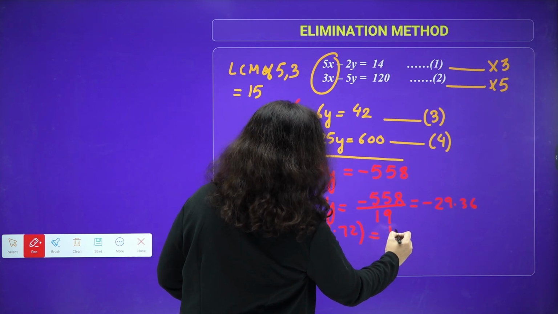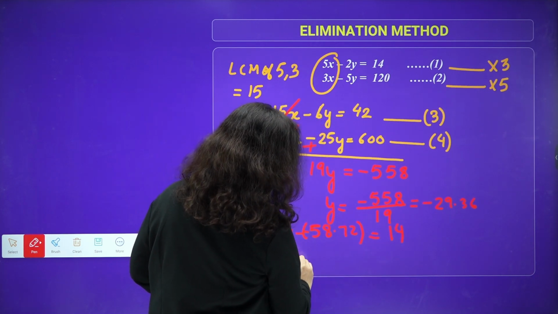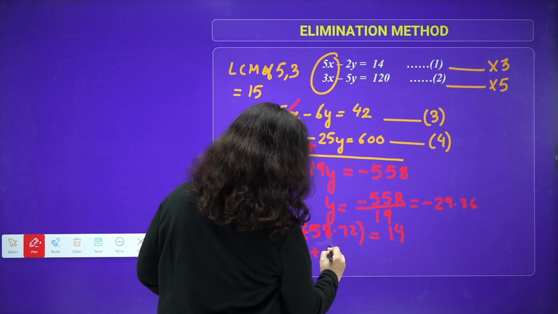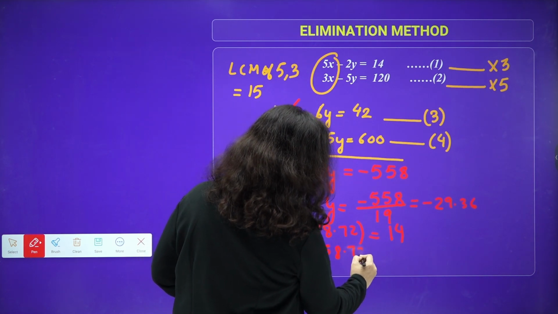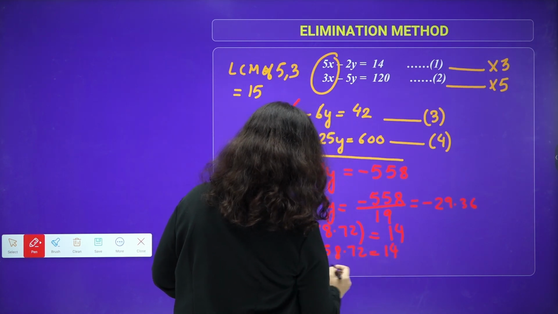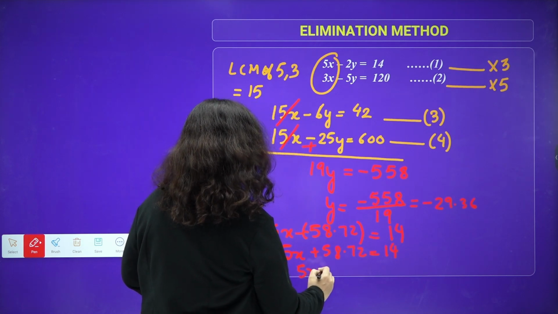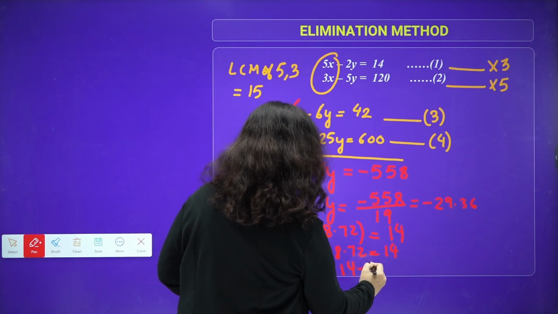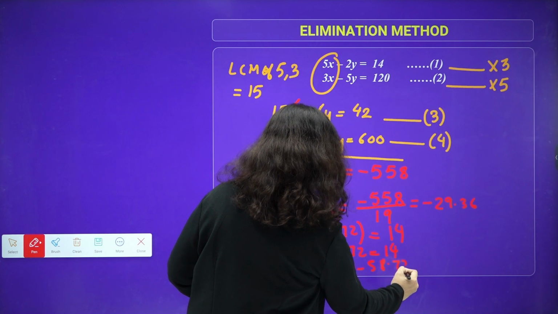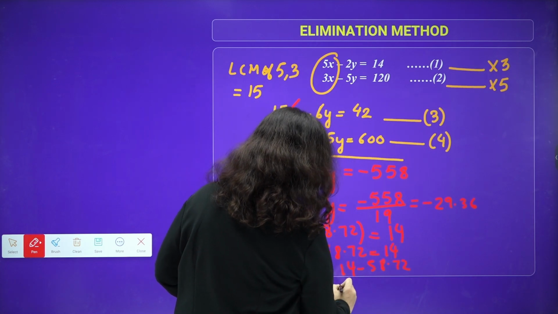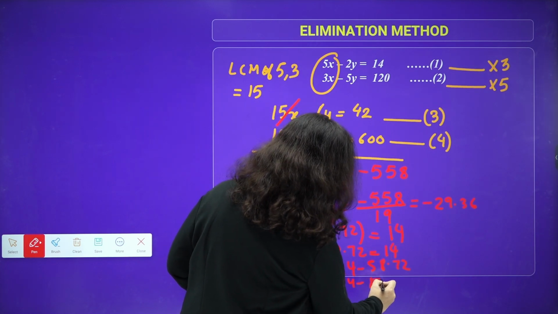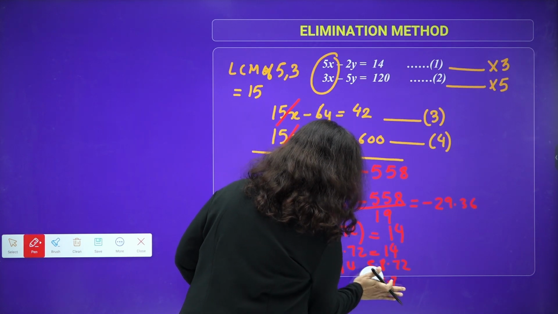So 5x plus 58.72 is equal to 14, and 5x is equal to 14 minus 58.72.